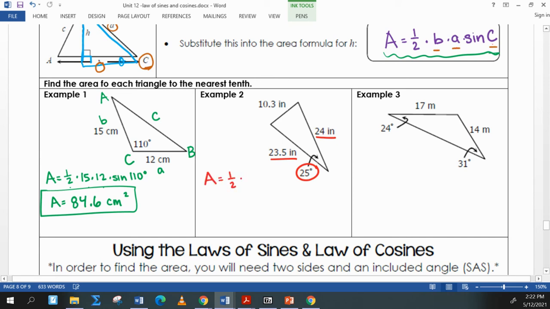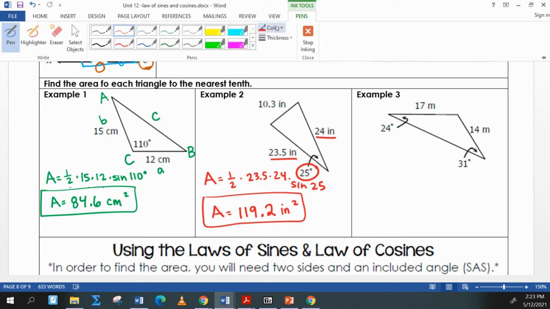So it's 1/2 times the side times the other side times the sine of the angle in between them, and straight into the calculator. You've got 0.5 times 23.5 times 24 times the sine of 25, and that gives you 119.2 square inches, or inches squared. And that's your area. Not too bad, right?